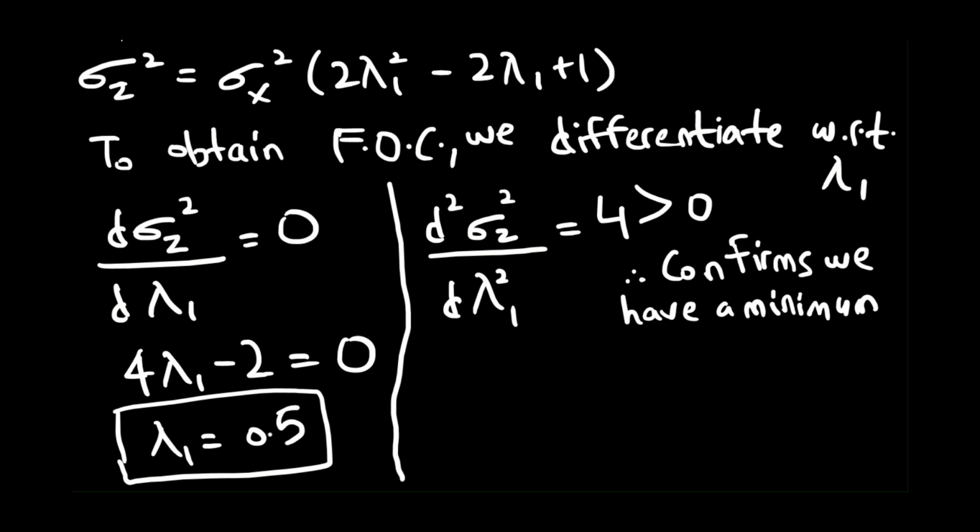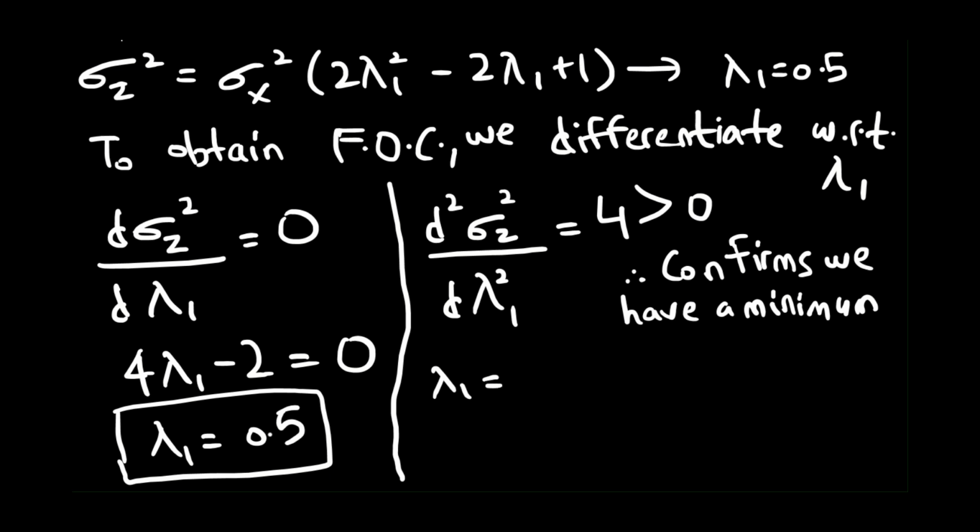This expression is minimized when lambda 1 is equal to 0.5. Now, what we were trying to do is find the condition where the variance is minimized, right? And we remember from our initial condition for unbiasedness that lambda 1 plus lambda 2 must equal 1, right?